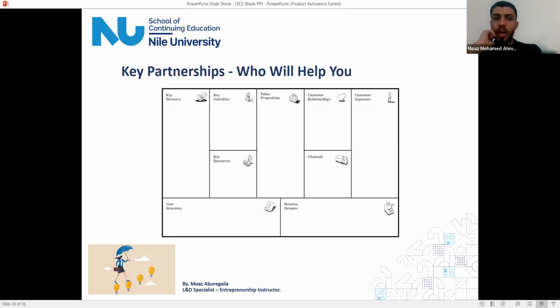Okay, we're talking about key partners. So I want you to reflect on the waste management application. When thinking about that application, who could be a potential key partner that could provide resources, reduce risks, or help your application to grow and scale faster?